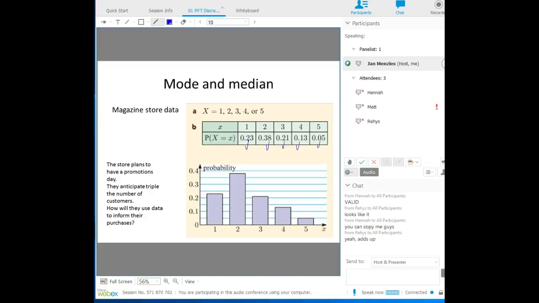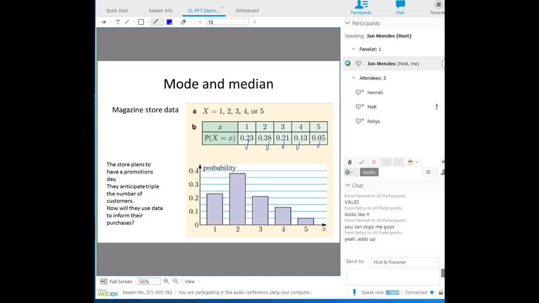Now, something I hope is a bit of a recap. If you were asked for the mean, the mean is the average. I haven't given you the chance to read this question. So it's about customers in a magazine store.